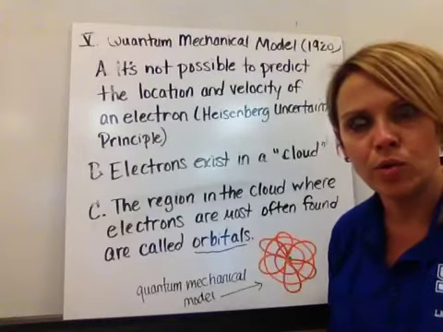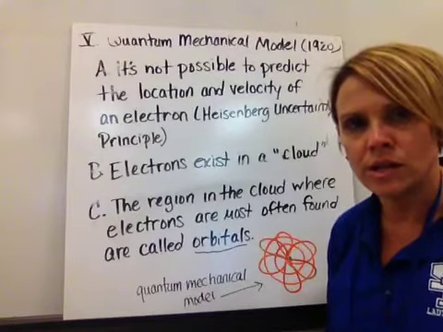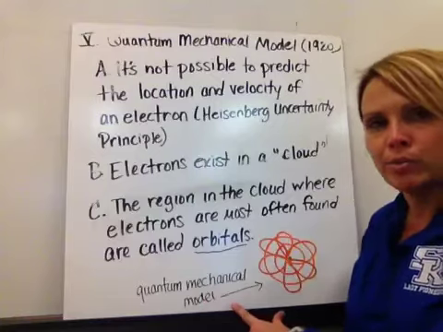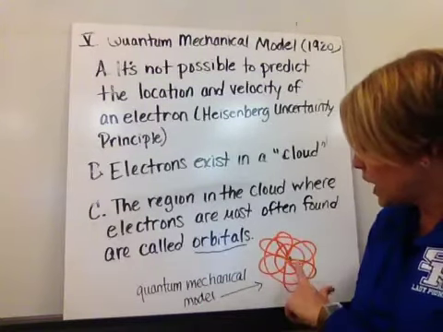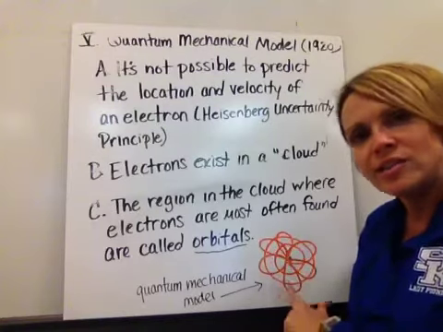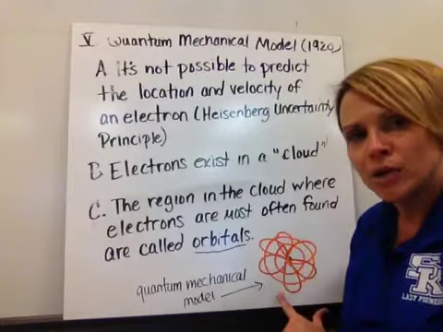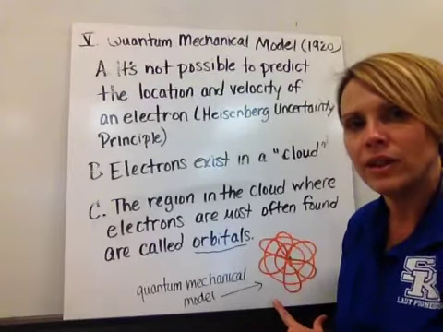Okay, that's probably a new word, and we'll talk more about the arrangement of electrons in orbitals. But this is the quantum mechanical model, and it kind of looks crazy right now, but I'll help you understand that this is actually a very well-designed model that helps us understand where electrons are in the atom.